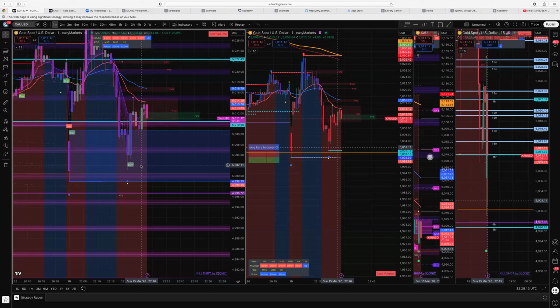Now, if you look at that, you see that candle engulf. Let's see if it stays. Now it's just kind of broke it again on there.